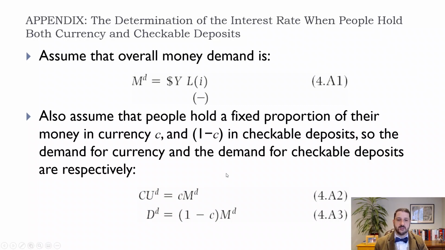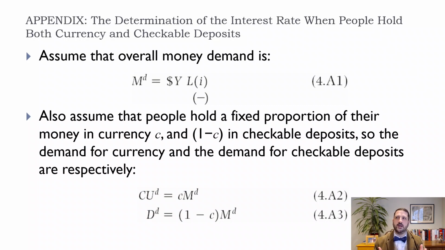So then we get our demand for currency, CU^d, is equal to C times MD, and our demand for checking accounts, capital D^d, equals 1 minus C times MD. And so we've just taken our total money demand and broken it up into two pieces, right? Our demand for currency and our demand for checkable deposits.